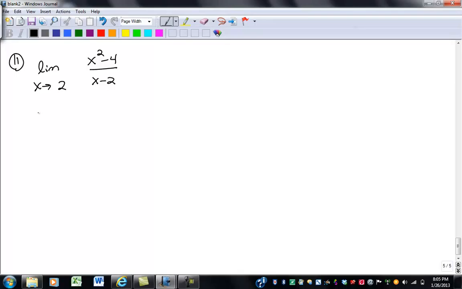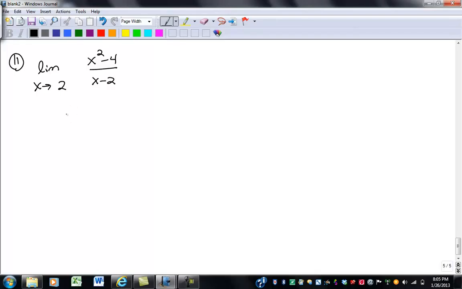Now, one way to calculate a limit is just to plug in. And sometimes when you plug in, the limit exists. It'll just pop right out. But in this case, when I plug in 2, I get 0 on top and a 0 on the bottom. So I can't plug in to find this limit, because I get 0 on the bottom when I plug in. But we're going to learn some techniques to make this limit doable.